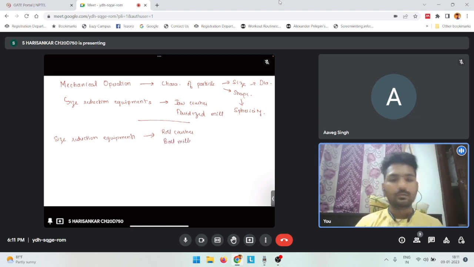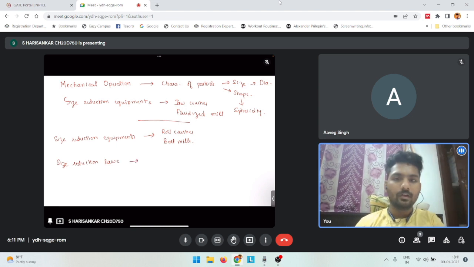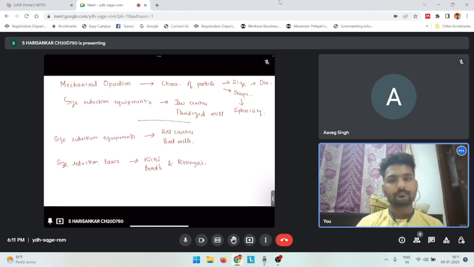We'll also look into the size reduction laws. There are three different kinds of size reduction laws, and those are Kick's law, Bond's law, and Rittinger's law. So let's get started with this.